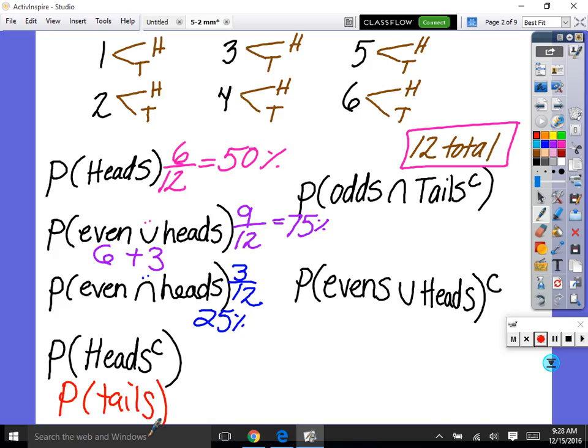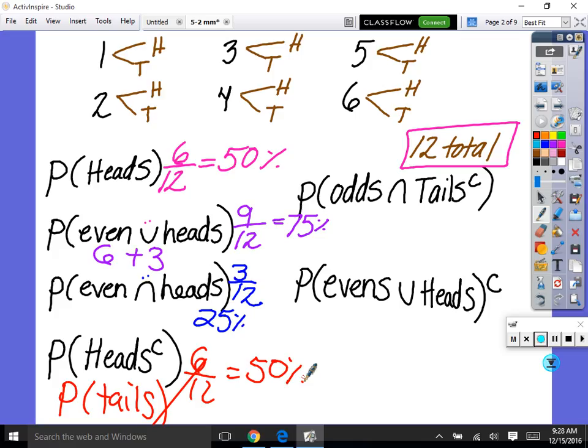That way, it's just as easy. It's the same thing as heads complement, but it doesn't confuse me so much. So what's the probability of getting tails? 1, 2, 3, 4, 5, 6 times, correct? 6 out of 12, which is 50% likelihood. So don't let complements throw you off. Just write in what you're really asking. Does that make sense, everybody?